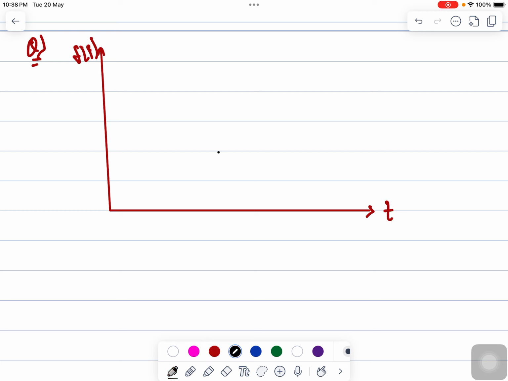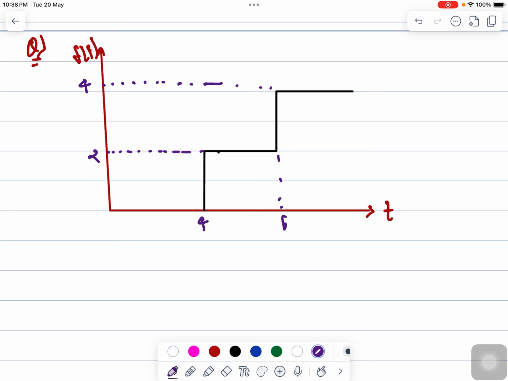And if the function is something like that, and I'm assuming this value given to you is 2, and if this value is also 4, and this is let's say 4 and here it is 6, then how can you write it?